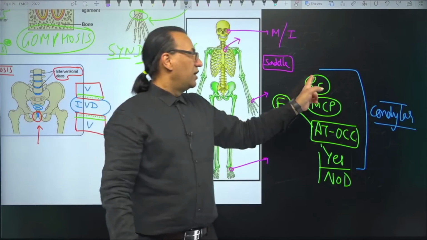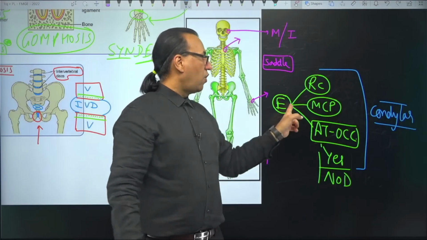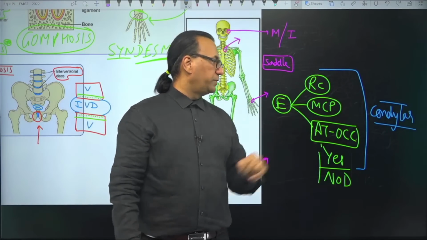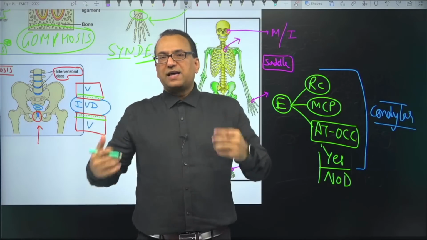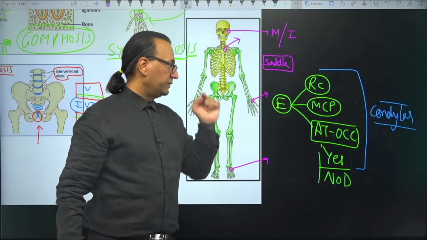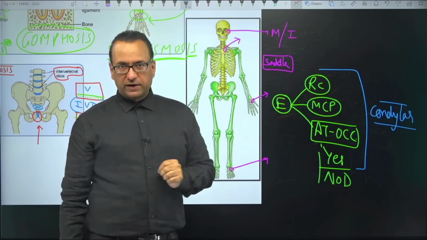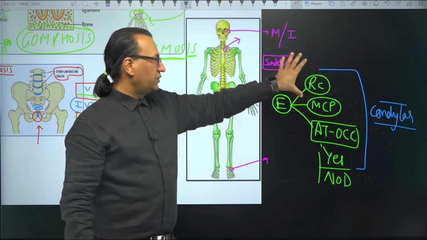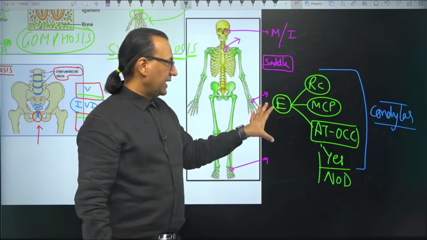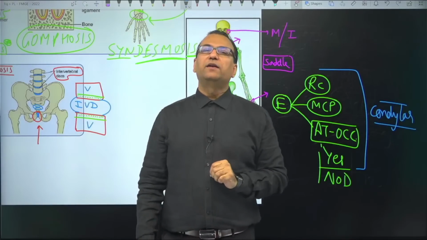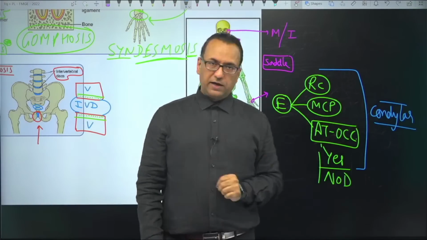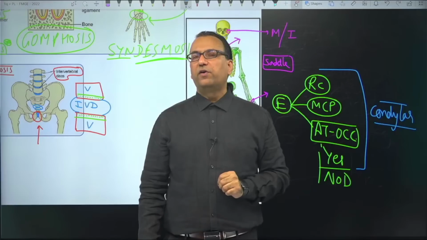The question could be the radiocarpal joint, wrist joint, metacarpophalangeal joint, or atlanto-occipital joint. Which type of joint is that? I mentioned ellipsoid, but some books say condylar. What to do? The first answer should always be ellipsoid. If it is not found in the options, then you can consider them as condylar also. But they are poor examples of condylar.